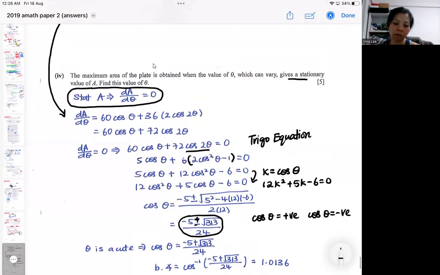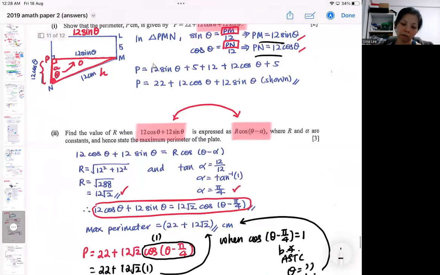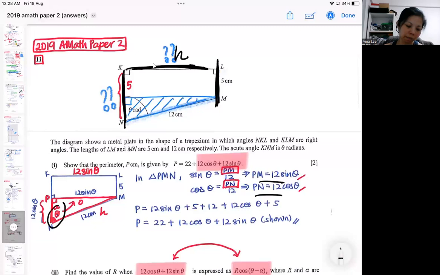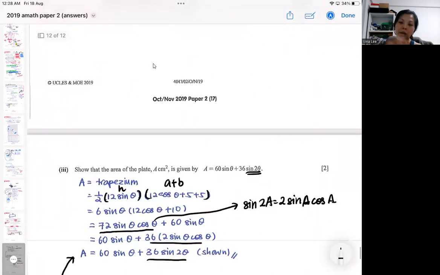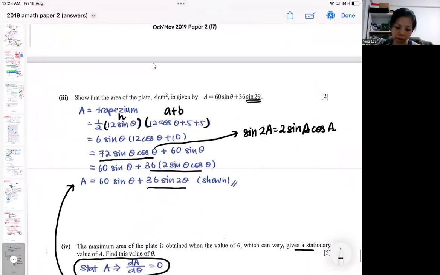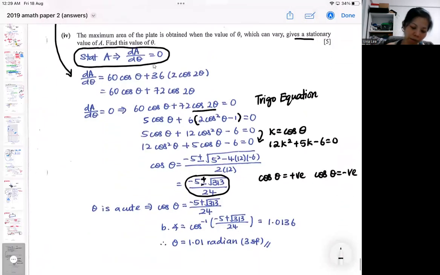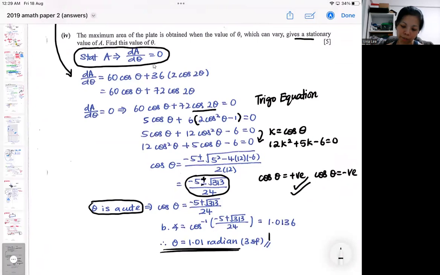So in the context of this question, the theta that I'm looking at couldn't be an obtuse angle. It has to be an acute angle. Otherwise, the shape will not form out this way. So you need to understand that it's an acute angle. That's why I will take the positive value and then I will just find the answer based on the first quadrant. And that is the value that gives the stationary value of A.